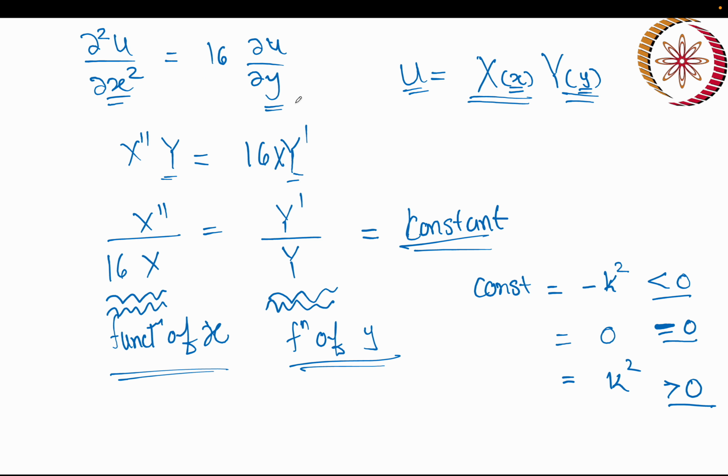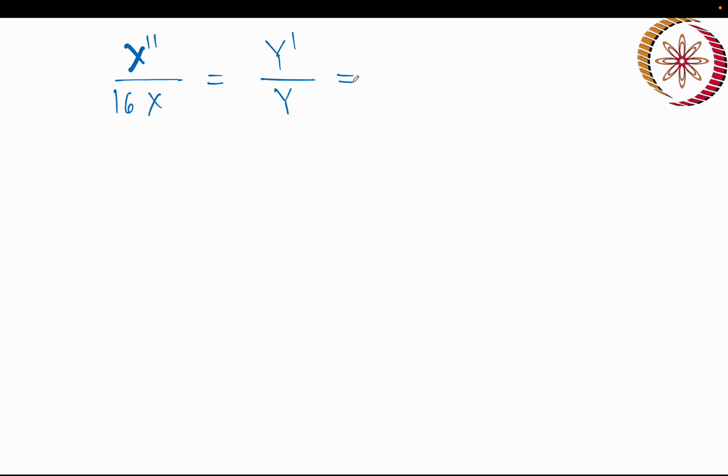So X double prime by 16X is equal to Y prime by Y, and let's try minus k square. We'll say this is case 1.